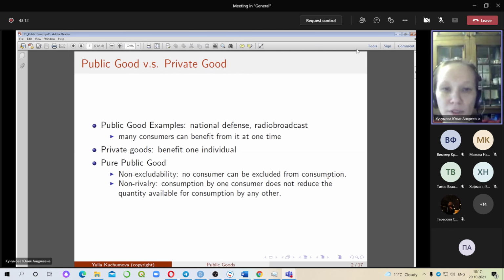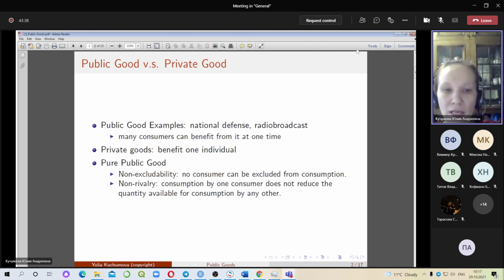Let me give you some examples. What I have here is national defense, radio broadcast. What are the features of those goods that are important when we talk about public goods? It's that many consumers can benefit from such a good at one time.